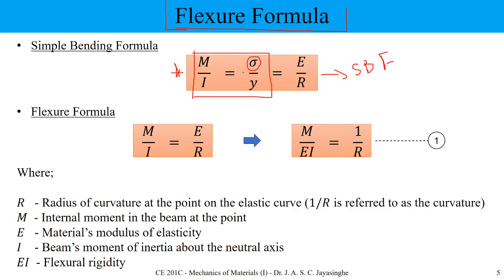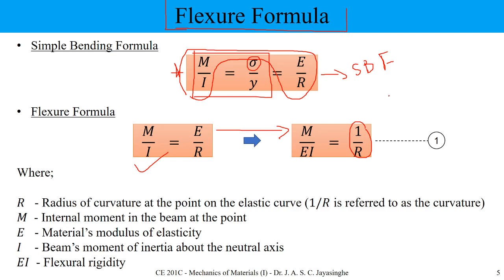So you already know about those things clearly now. Here, under the flexure formula, we are going to work with these two components. Basically we can rearrange this one as this. So you know this part. What is this part? We call it the curvature.